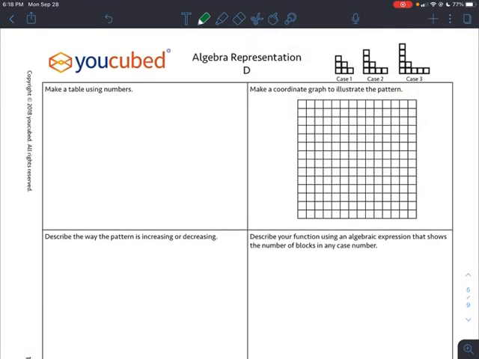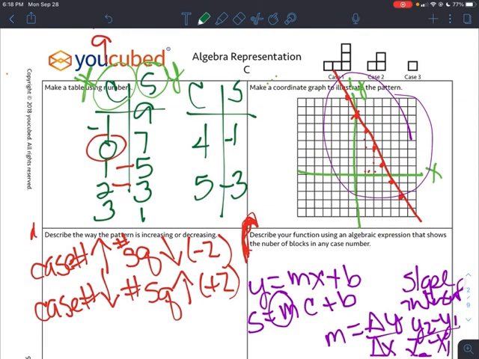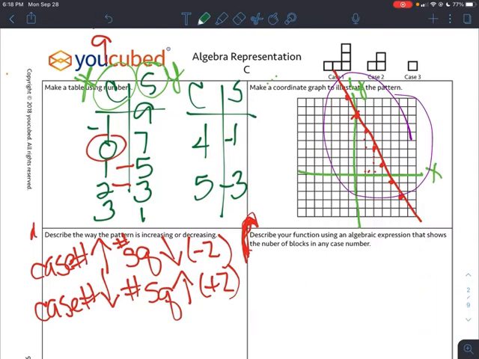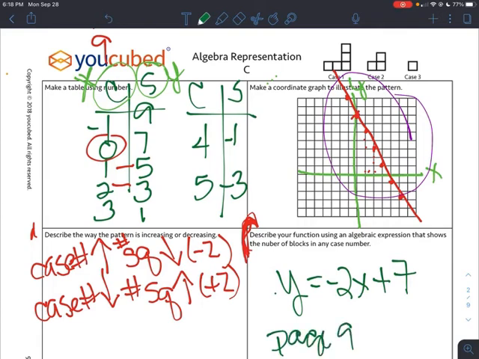So if I come back up here to my thing and I make some room for it because I wrote a lot on there, y equals negative 2x plus 7. I would advise you to write what page number it was on. I think that was on page 9, your work, so that I can give you points for actually doing the work.